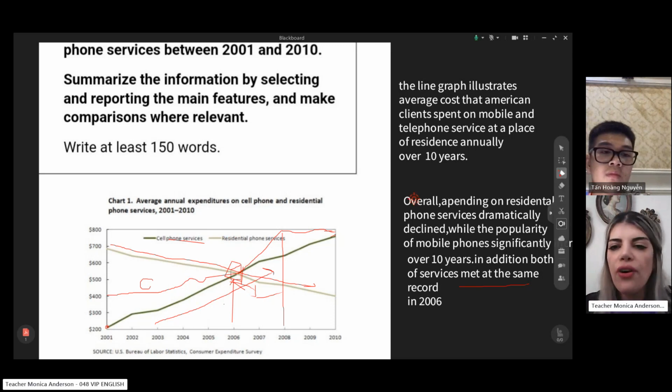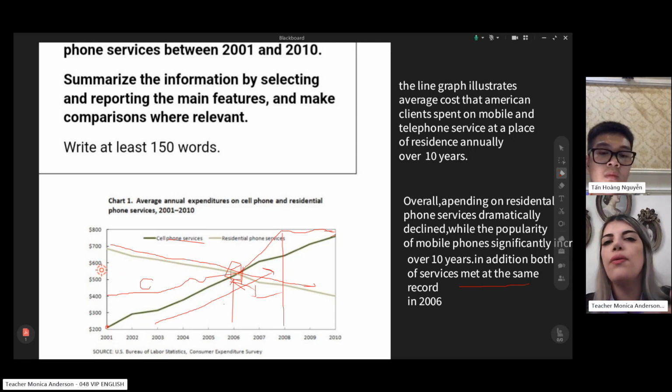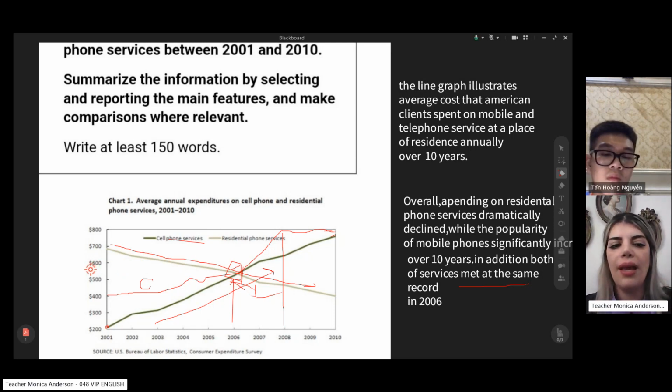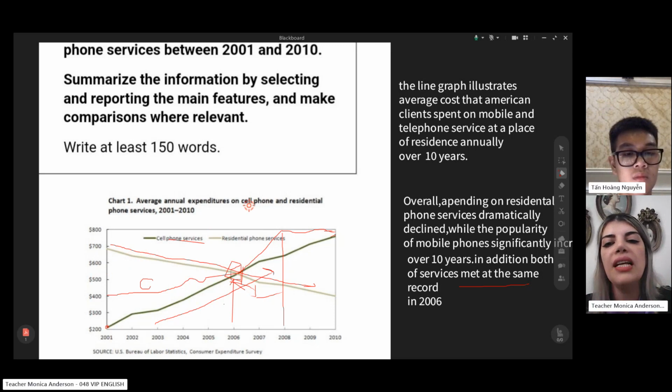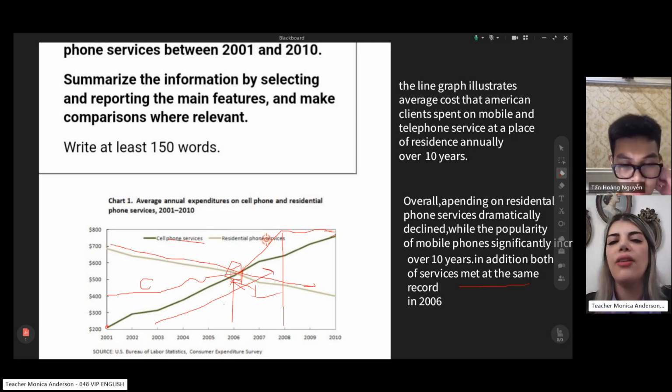Overall, spending on residential phones dramatically declined, while in contrast, the popularity of mobile phones significantly, dramatically, or depending on the line chart, increased over 10 years.